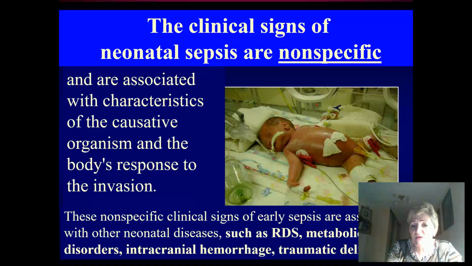These non-specific clinical signs in early onset sepsis are associated with different diseases in the neonatal period, such as respiratory distress syndrome, metabolic disease, intracranial hemorrhage, and traumatic delivery.